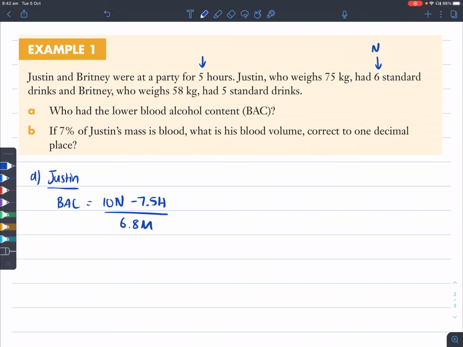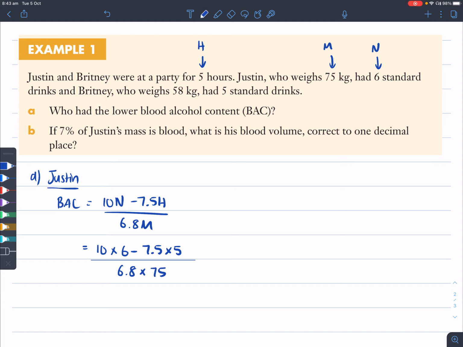They were at the party for 5 hours, so that's H. And Justin's mass is 75 kilograms. So we're going to substitute all those things in. We'll have 10 times 6 minus 7.5 times 5 all over 6.8 times Justin's mass, which is 75.